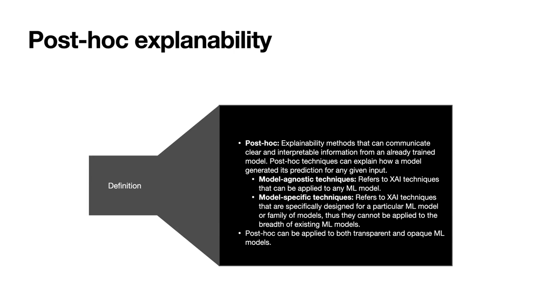Okay. Now I'll make one point: precisely because with transparent models, you could run into the issue that these models are very, very large. In the case of a decision tree, that might involve thousands of nodes and hundreds of different features. Post-hoc methods could also be applied there.